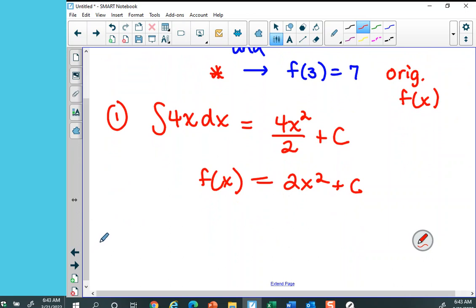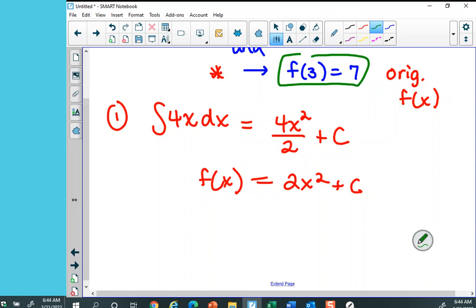Now, the only thing standing in the way of me figuring out c in every problem is a very specific piece of information. One specific piece of information about the original function is usually all I need to work backwards to the c.